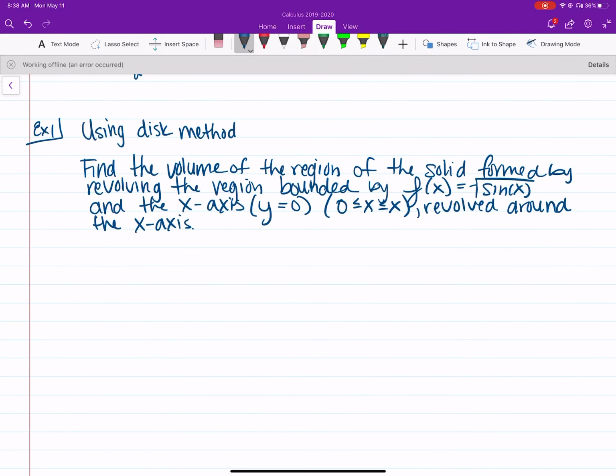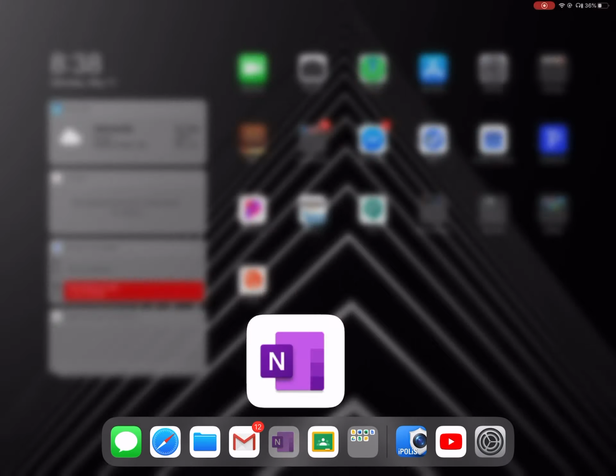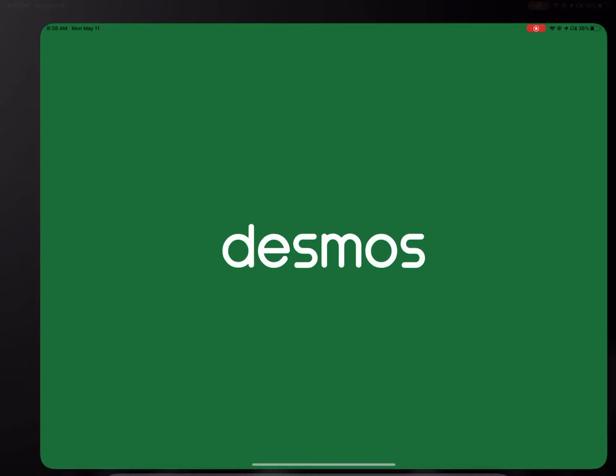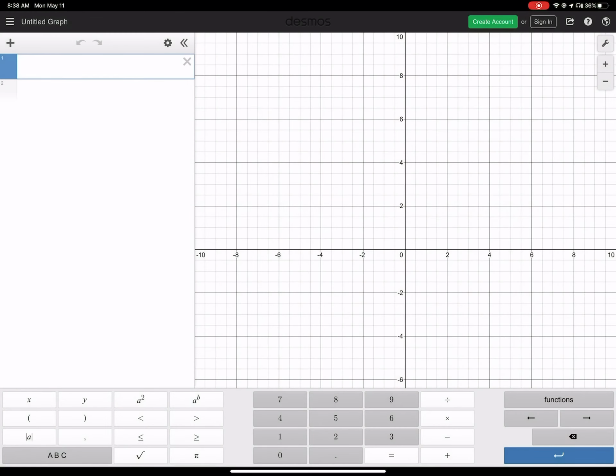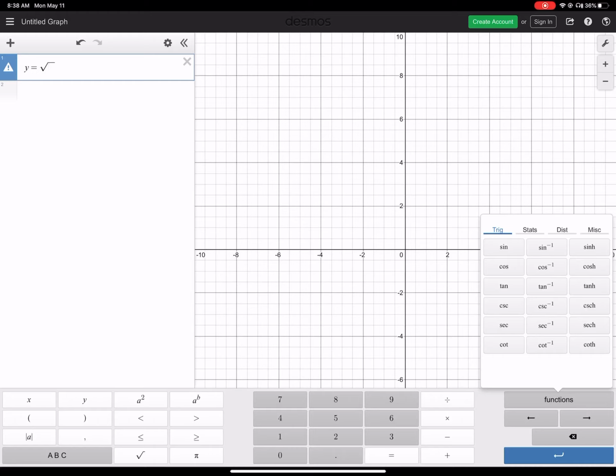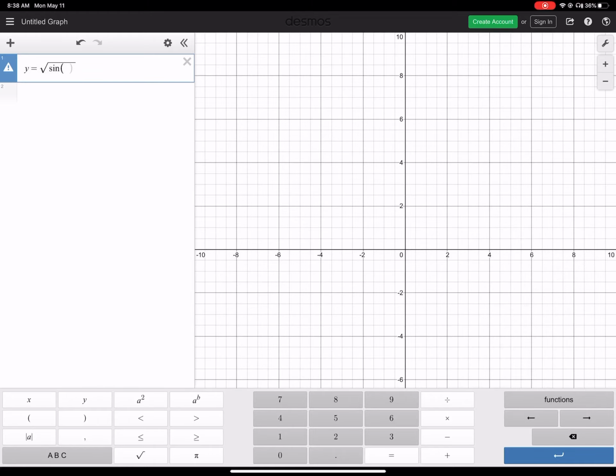Looking at this graph, let me put that in Desmos for us. Y equals the square root of sine of x. All right, so there's my function.